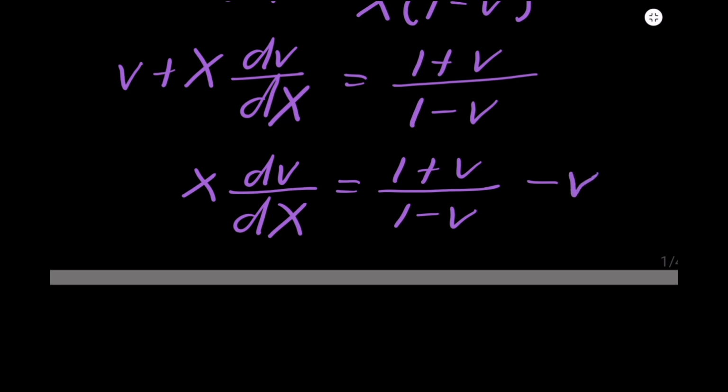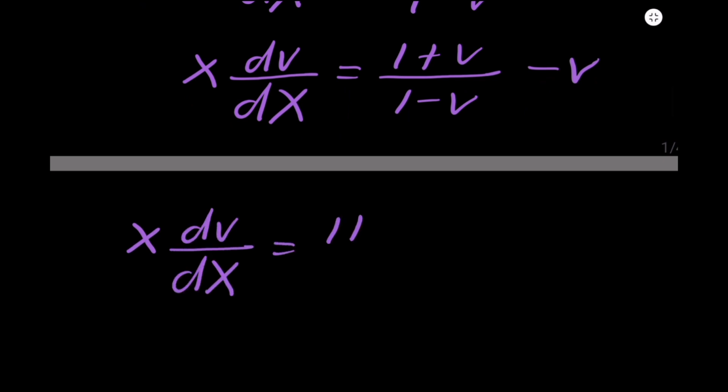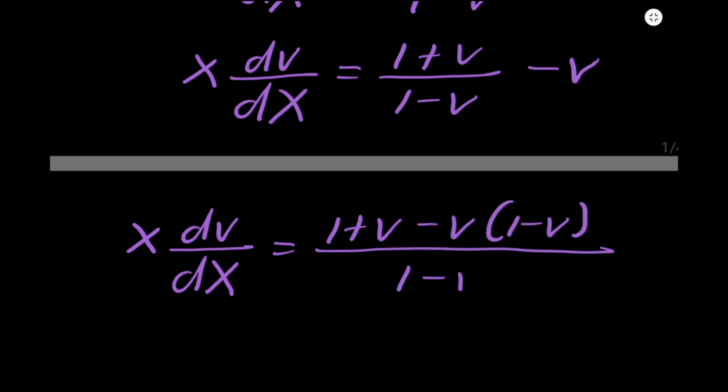Okay? So we can simplify the right side by multiplying v by (1 - v), right? So we copy X dv/dX equals (1 + v - v(1 - v)) all over (1 - v).